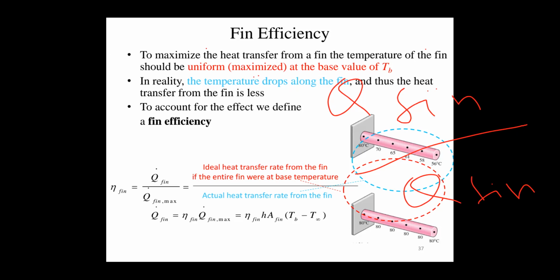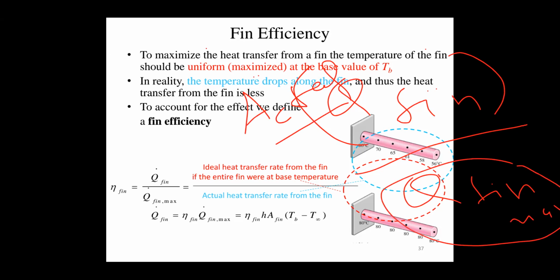That is Q fin max, the maximum heat transfer. So efficiency is Q fin divided by Q fin max: the actual heat transfer to the maximum possible heat transfer from the fin.